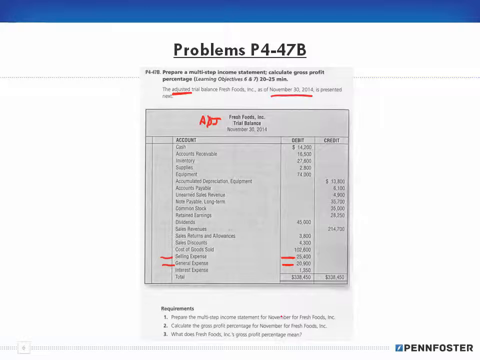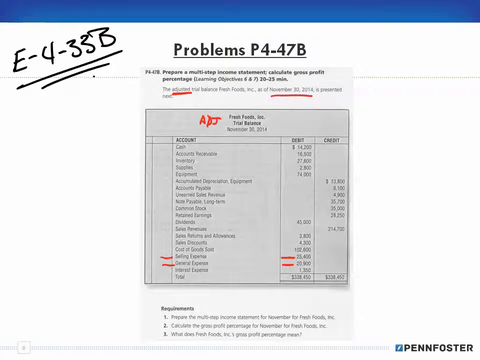So if you go back to exercise 4-33B, I believe in there I have an explanation. I believe they had done the income statement. I think it was 34B.